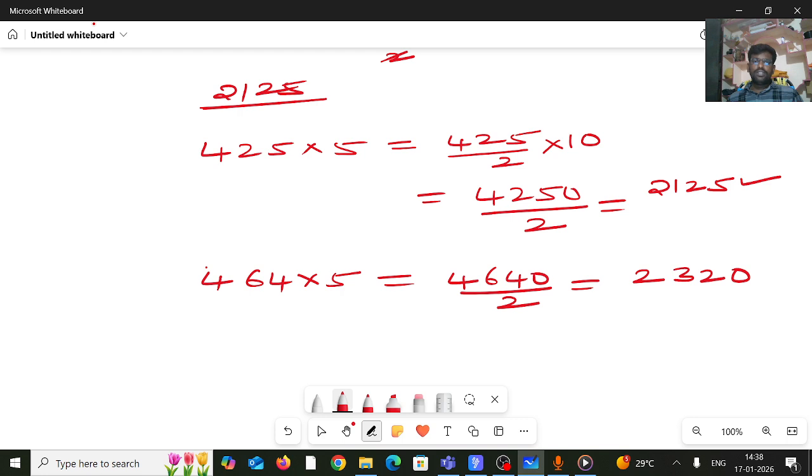Instead of multiplying by 5, I am multiplying by 10 and dividing by 2. Dividing by 2 is nothing but taking half of that number directly.